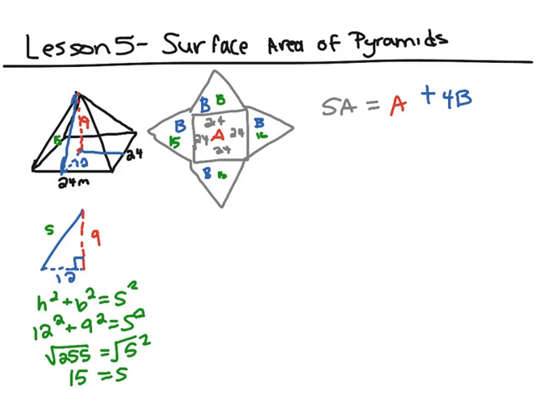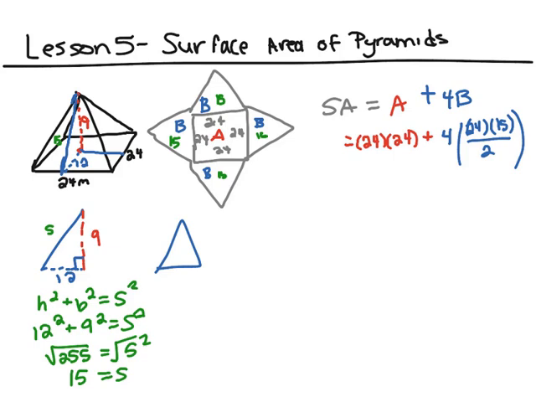Our A is going to be 24 times 24 plus 4 times the base, 24, times the height, which is 15, divided by 2. Because the area for a triangle is base times height divided by 2.